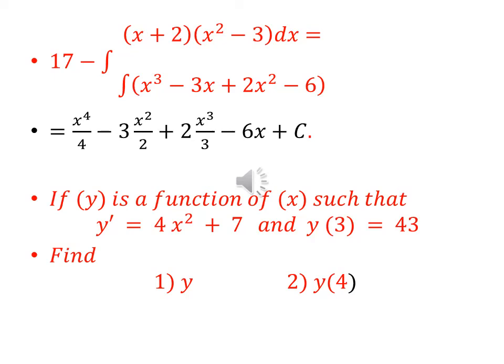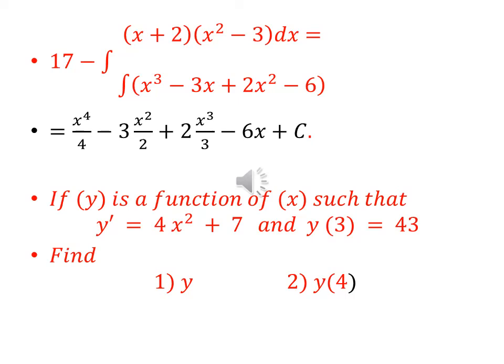Multiply x by all terms in the bracket and 2 by all terms in the bracket. The integration is x^4 over 4 minus 3x^2 over 2 plus 2x^3 over 3 minus 6x plus c. We have two problems as an exercise.